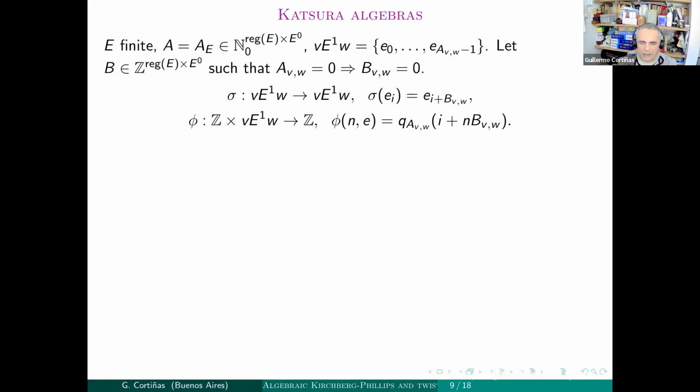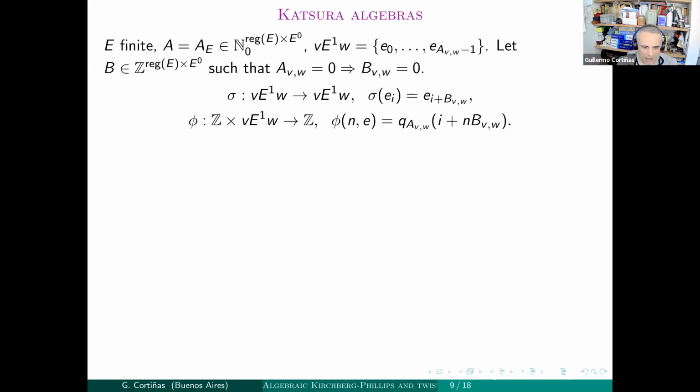So you look just at the numbering that the edge has, and you shift that numbering as indicated by the corresponding coefficients of the matrix B. So this sum, this i plus B_w, is to be taken modulo A_w. Okay, so that gives you an automorphism, which defines an action of the integers on the graph.